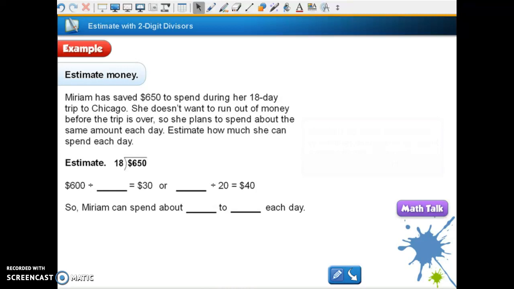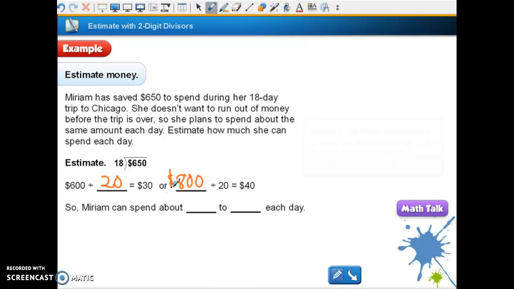Well, we are going to say that we're going to round our dividend to 600, and we're going to round our divisor to 20. And that gets us about $30. Or we can round it to 800 divided by 20, which gives us about $40.